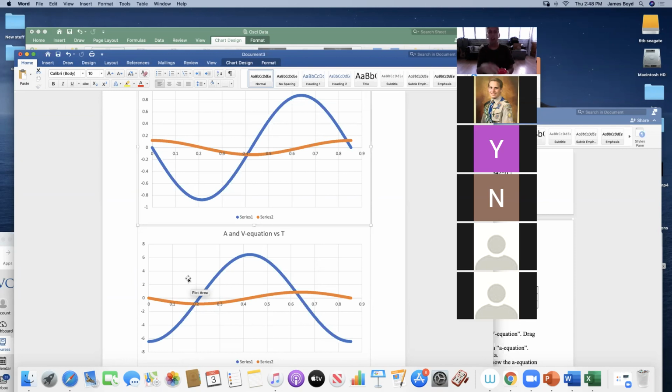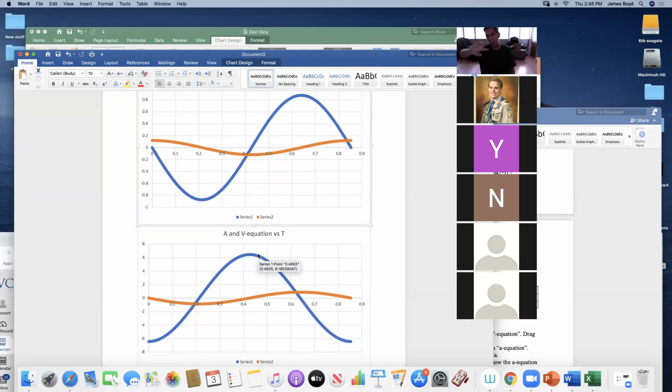As it continues to fall, the spring's pulling back on it, slowing it down. The acceleration is getting greater and greater in the positive direction until it's at its maximum value in the positive direction when the position is at the greatest negative position.